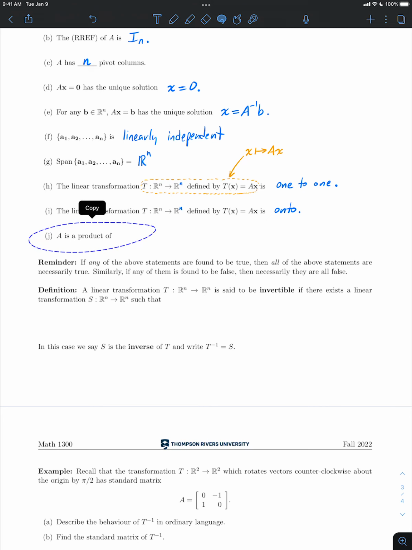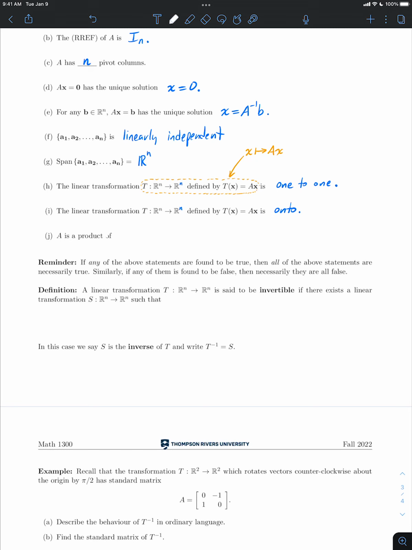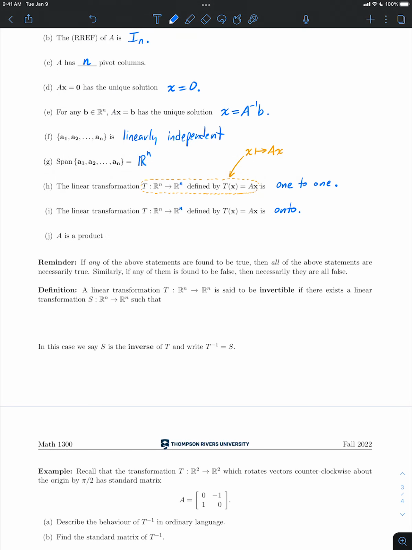Our last statement. Okay, A is a product of what? It's actually a product of elementary matrices. It's not necessarily just two elementary matrices. It might be a product of, say, 30 elementary matrices. But there is a way to write A as a product. Now that I'm thinking about it, I'm going to erase this word just so I can change the way this is expressed. A is a product, and I want to write this to emphasize that it could be any number of factors.